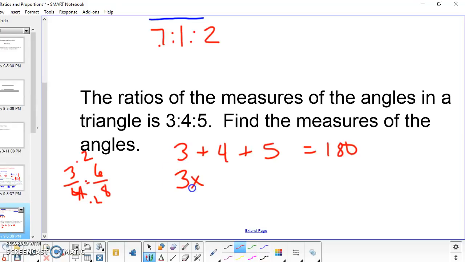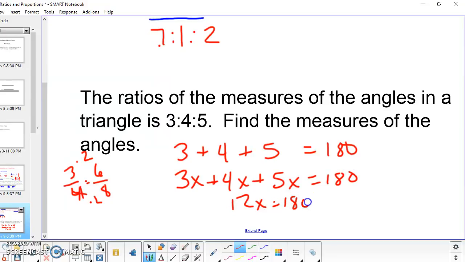Now, we don't know what we're multiplying by, so we just call it an x. 3x plus 4x plus 5x equals 180. So if we add all those x's together, we get 12x equals 180. And then if you divide by 12, you get x equals 15, if I remember right.